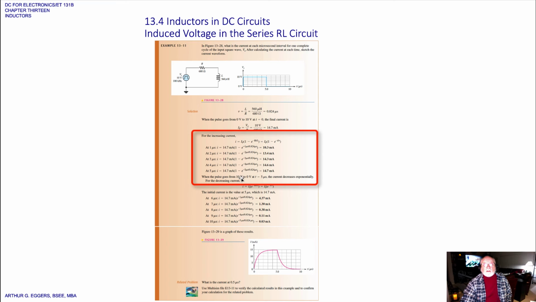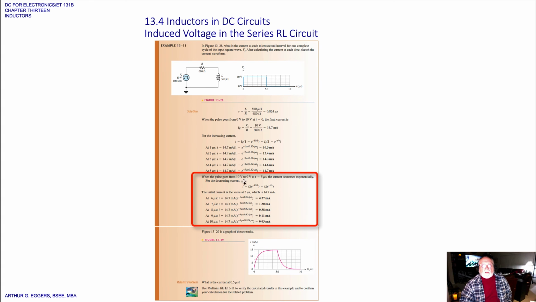When the pulse goes from 10 to 0 volts at time 5 microseconds, the current decreases exponentially. So when we run through this, we use the relationship i equals I initial e to the minus t over tau. Again, we run those values into the expression, minus 1 microsecond in this case, divided by 0.824 microseconds.